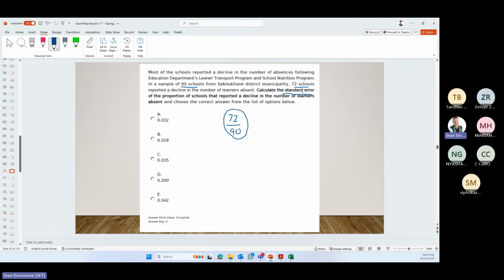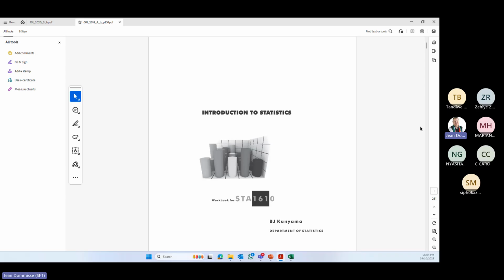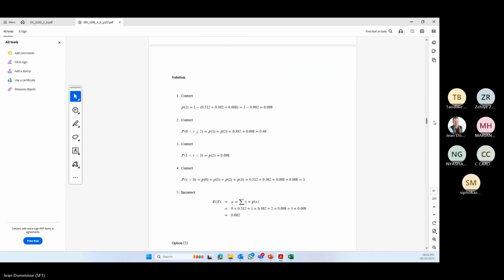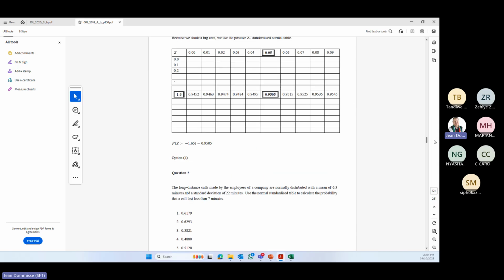So let's calculate the standard error of the proportion. I don't always remember the proportion formula, so let me quickly open the study guide and go to study unit 7.